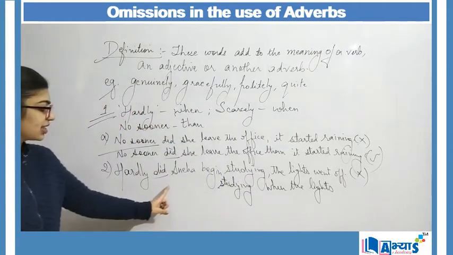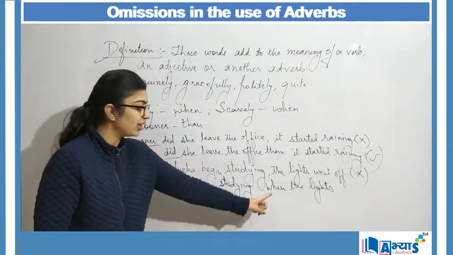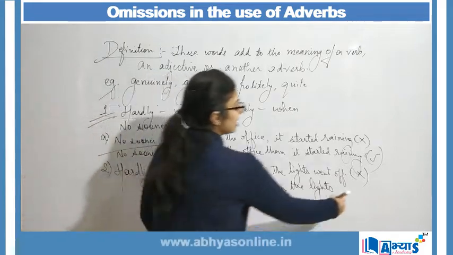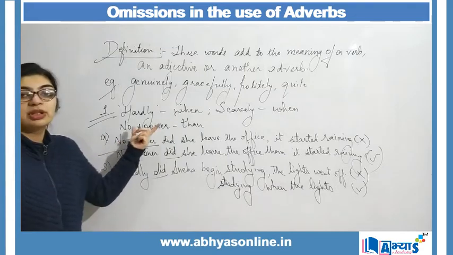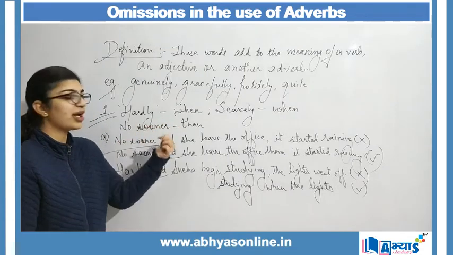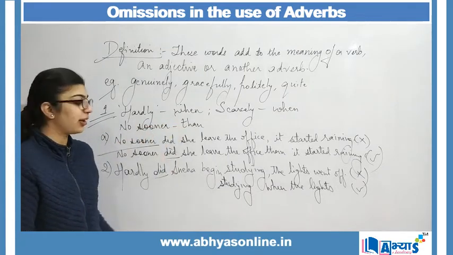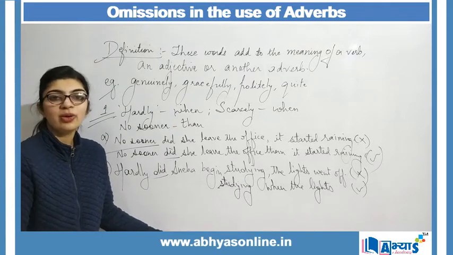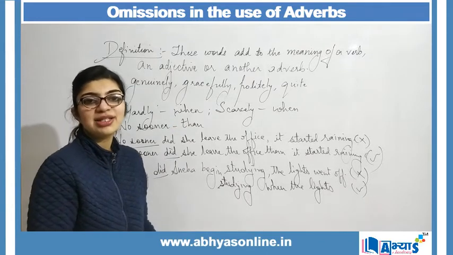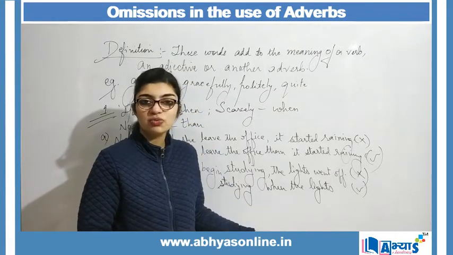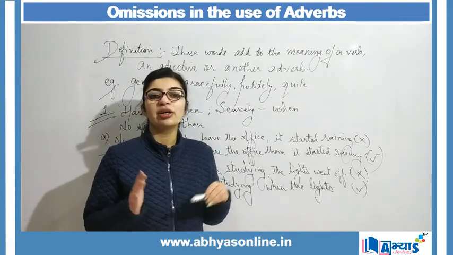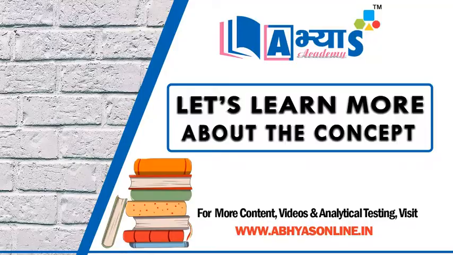So hardly did Sneha begin studying when the lights went off. This is my correct sentence because I am using the pair over here. Both the words in pair are being used, but when one word is missing from the pair, my sentence is wrong. So I do not need to omit those words. Whenever required, both the words will be used.